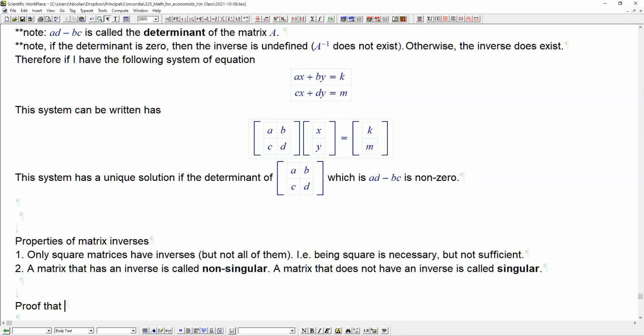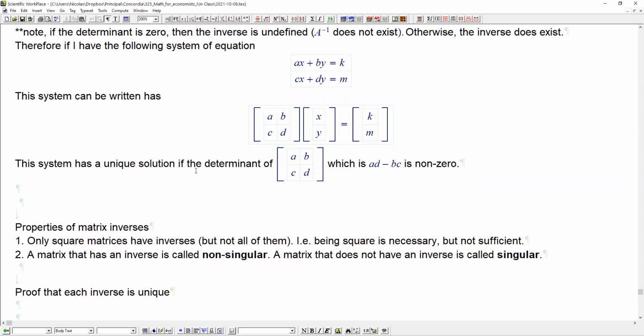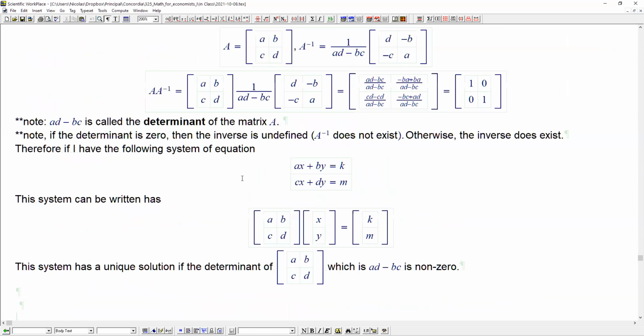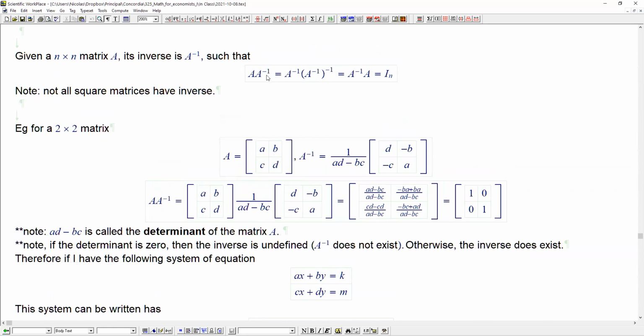that each inverse is unique. So this is going to use this property right here, that A minus 1 equals A minus 1 A. But the thing is, I'm just showing you the proof that they show in the book, but I'm not satisfied because who knows that A minus 1 equals A minus 1 A?